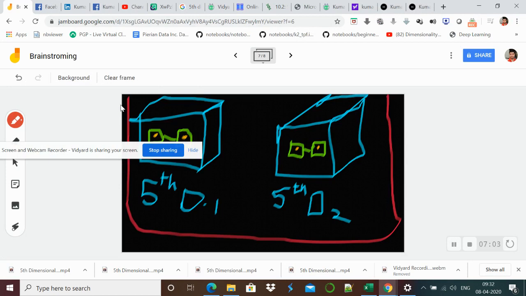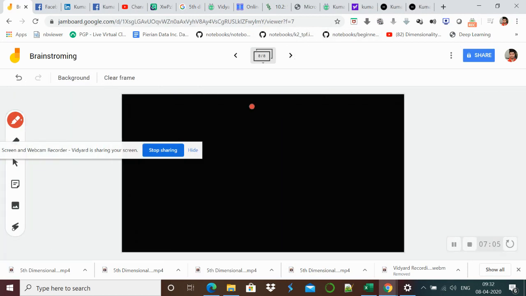In mathematical representation, we can say it like this. Suppose we have an nth dimension, where n runs from 1 up to k dimensions.